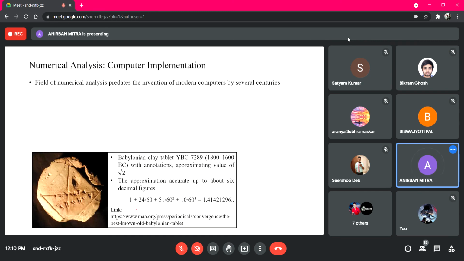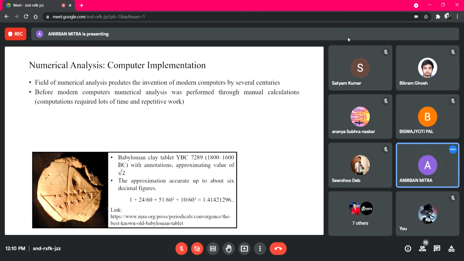So, numerical methods existed before computers. But at that time, obviously, such computations were carried out manually. And again, quite obviously, it required a lot of repetitive work and took up a lot of time.